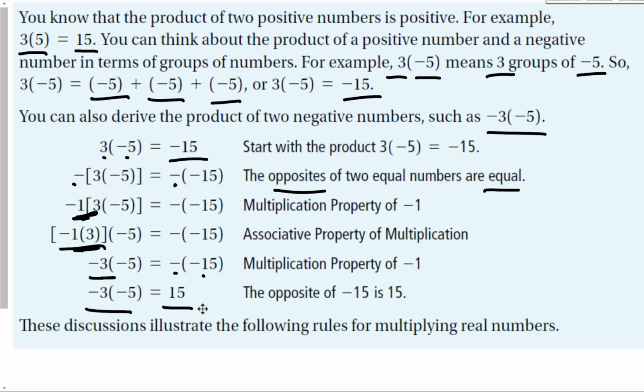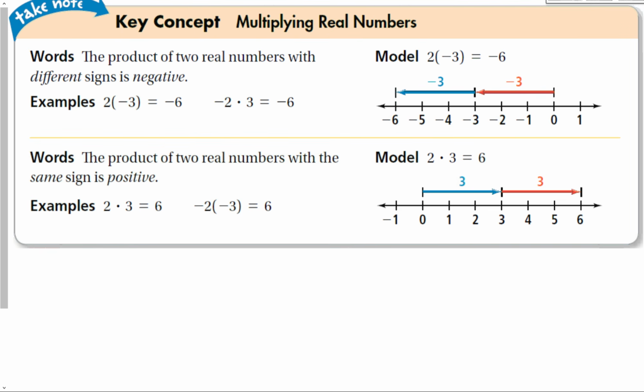Now, if that was a little bit confusing, you don't have to remember that all the time, but we do have to remember the basic rules of how multiplication with negative numbers works. So when we multiply real numbers together, the product of two real numbers with different signs is going to be negative.